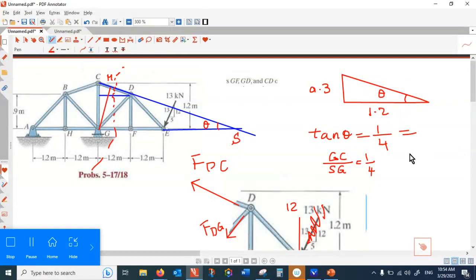And therefore SG is 4 GC. So SG is equal to 4 times 1.2. That's 4.8.